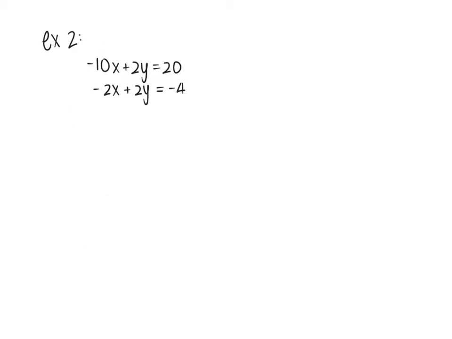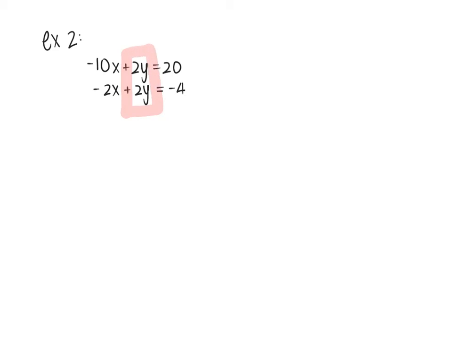Alright, so this one, already in standard form, I have my variables on one side, my constants on the other. I don't see anything immediately that is equal but opposite. However, if I look at this 2y, 2y, those are equal but not opposite.